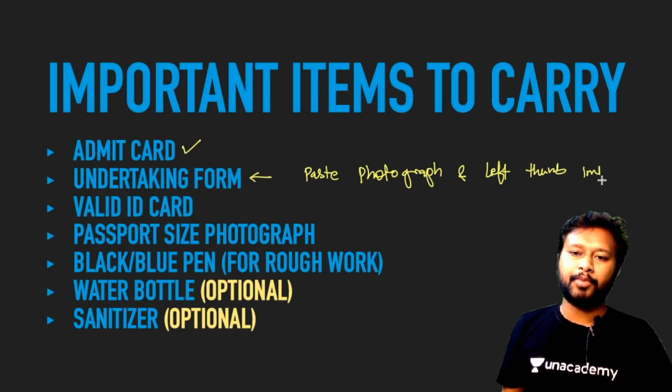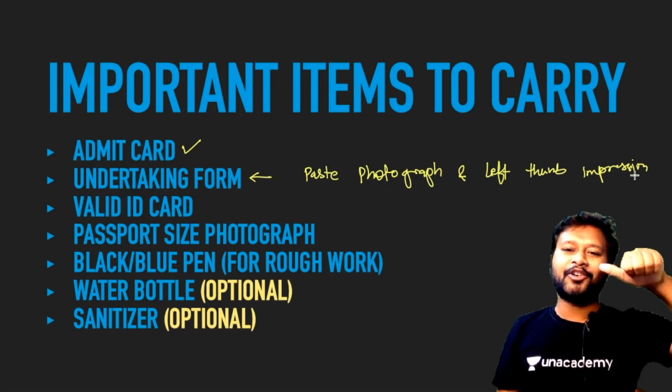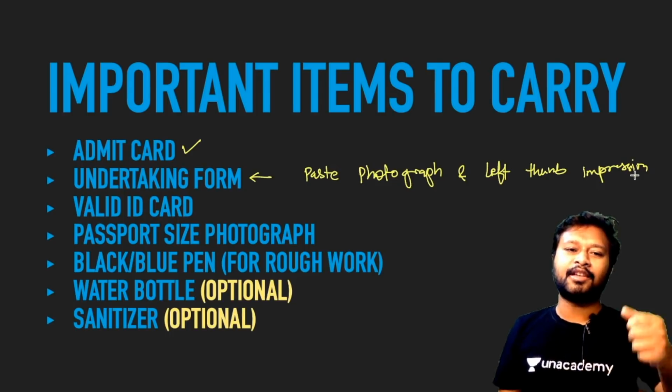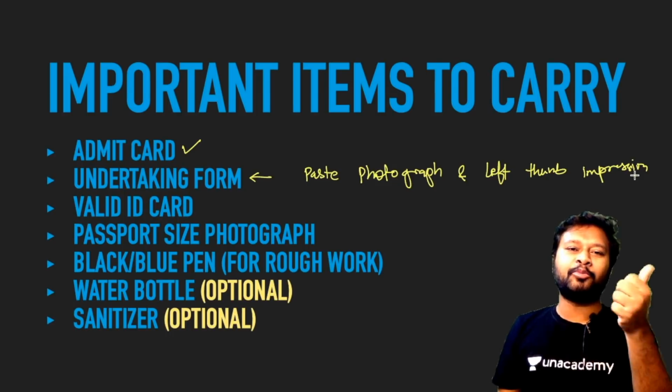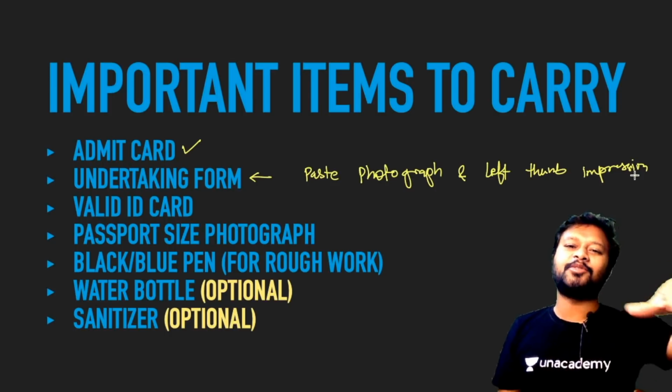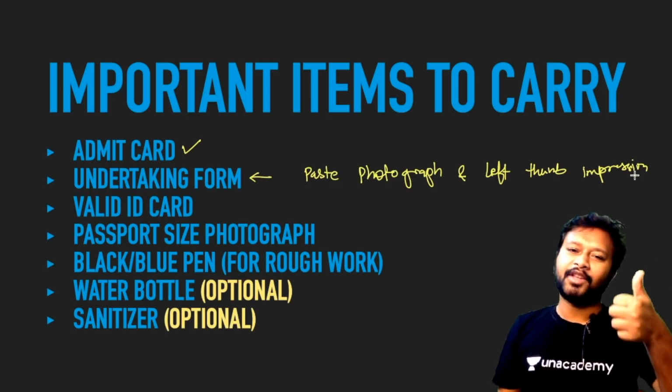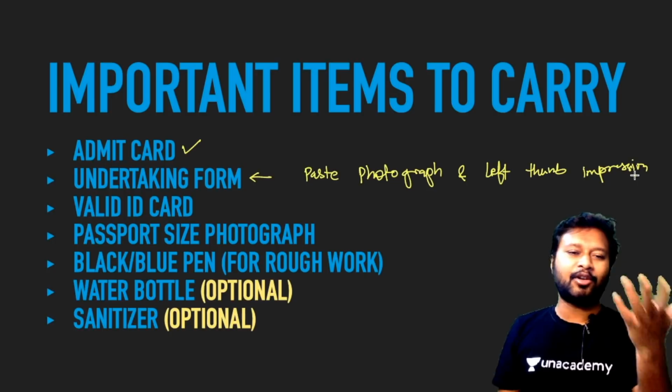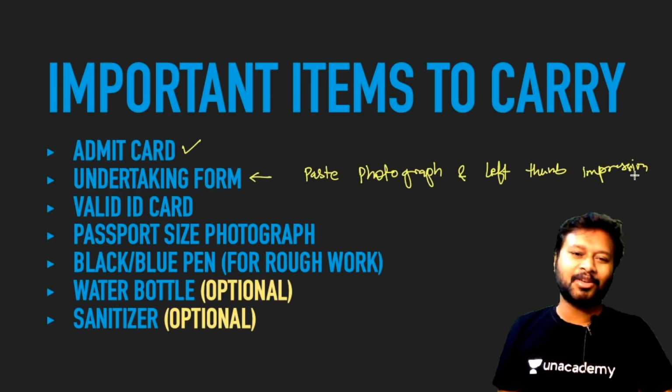People were asking me whether that thumb impression has to be vertical or horizontal. See, it depends on the space, how big your thumb is. If your thumb is quite big and not fitting in that place, do it horizontally. And if it is fitting, do it vertically. It's all up to you, so that is nothing to be asked.